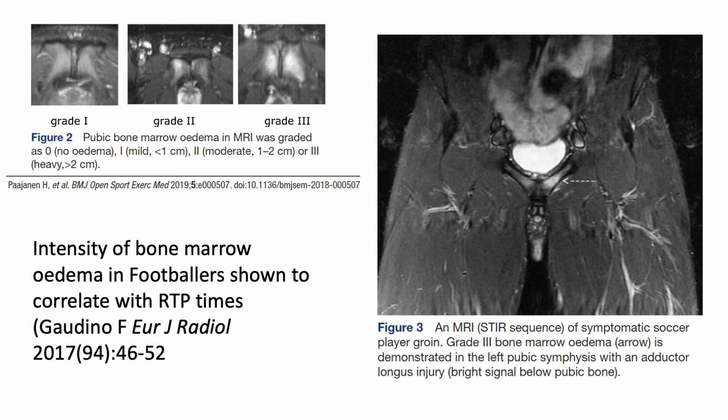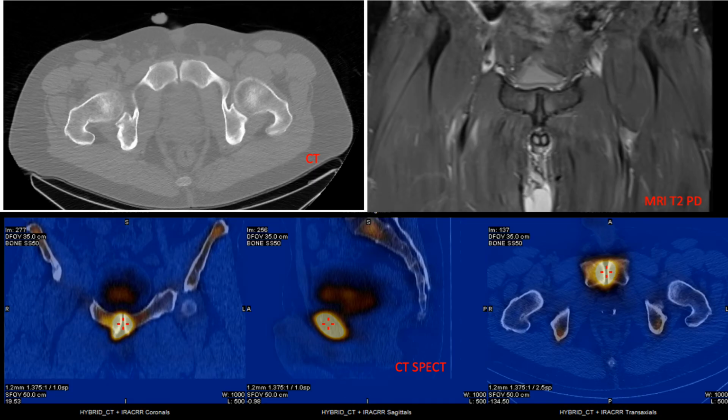Although I have to throw in the caveat here that bone marrow edema can be seen in asymptomatic players as well. It's not always very well seen on MRI. I have occasionally had to use other imaging modalities such as CT and fusion images with CT SPECT, where you can see increased osteoclast and osteoblast activity across the joint.